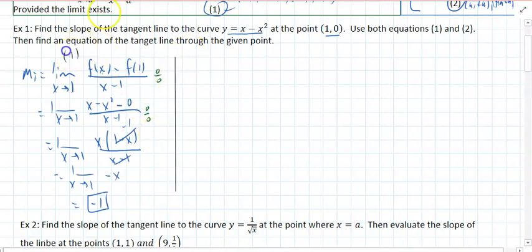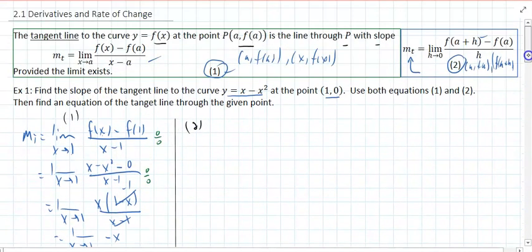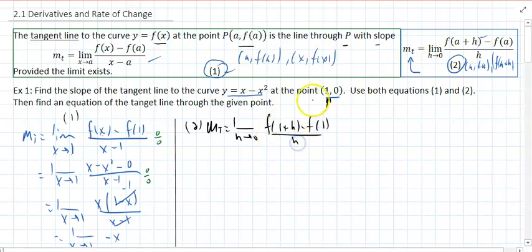This is using 1. If you want to use 2, we're going to go by the limit. So the slope of the tangent is going to be the limit as h approaches 0 of f of, in this case a is 1, 1 plus h minus f of 1 over h.